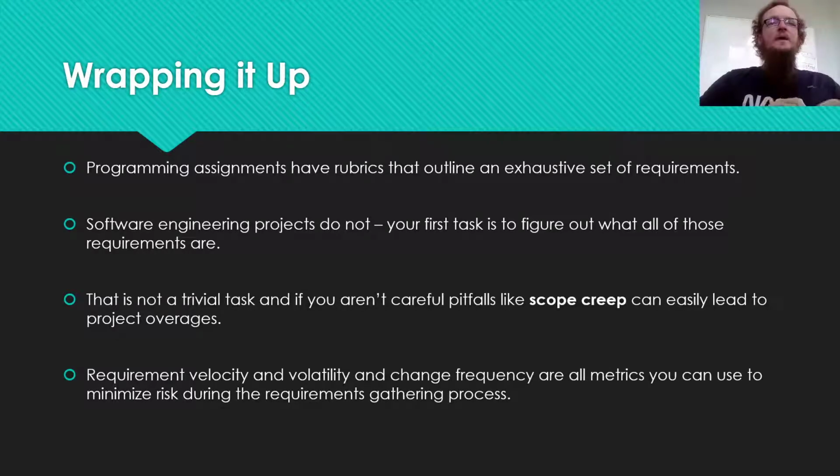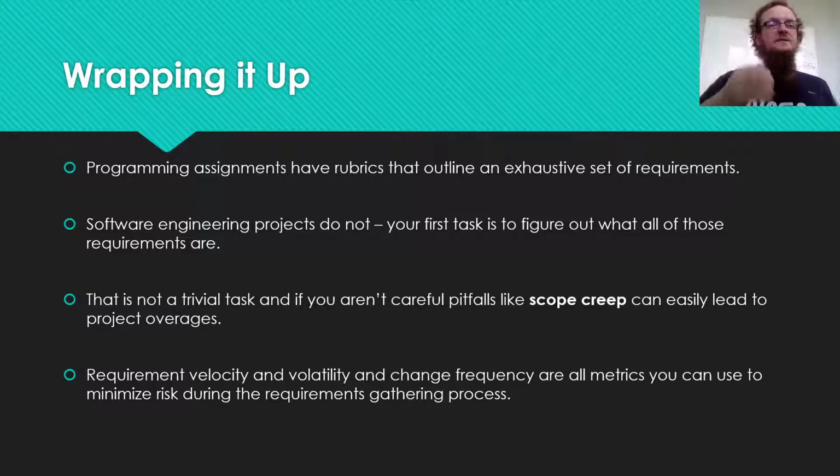So to wrap up the whole module, you have a situation in college where you're doing programming assignments. Those programming assignments have rubrics, and those rubrics maybe have a bulleted list of all the things that you're supposed to have in order to get a good grade on the project. The fact is, software engineering projects do not have such a rubric.